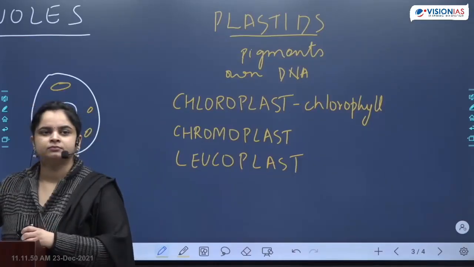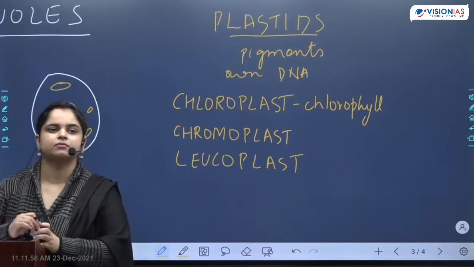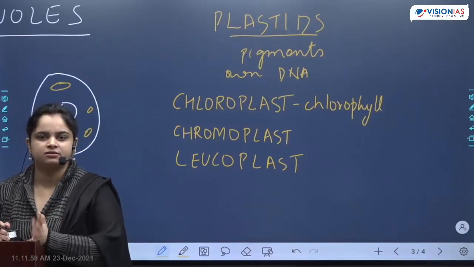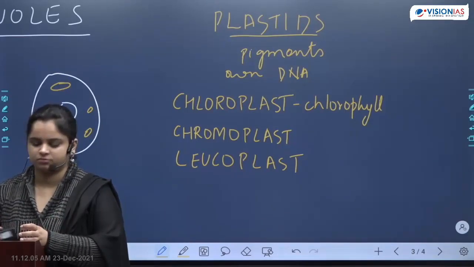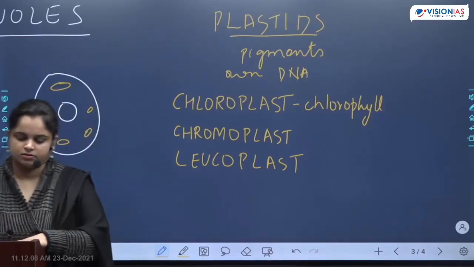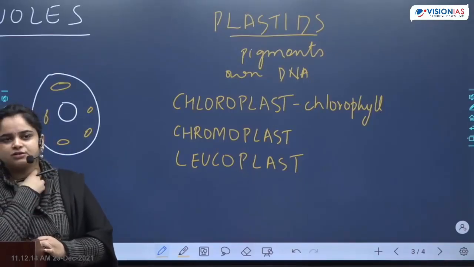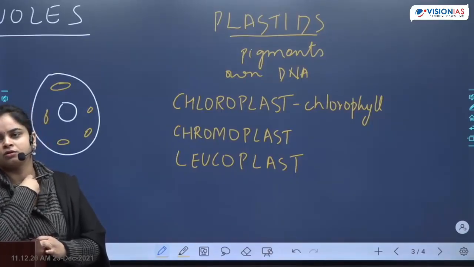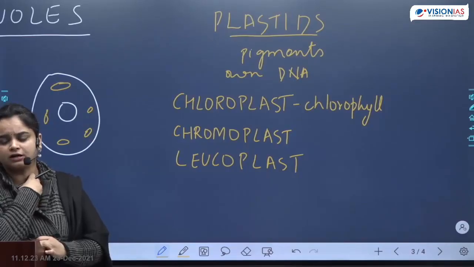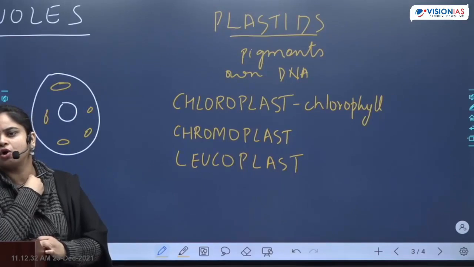Leucoplast, which gives white to colorless kind of shade, because of presence of stored starch, oil or proteins.